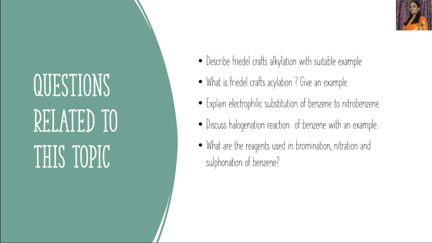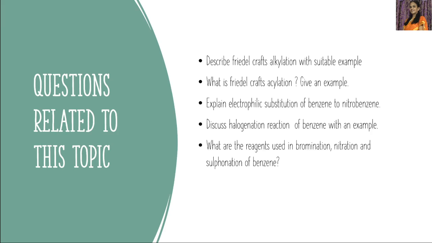Alkylation and acylation, Friedel-Crafts reactions, both are very important. Next, explain electrophilic substitution of benzene to nitrobenzene. So nitration of benzene we should write here. Next one is: discuss the halogenation reaction of benzene with an example, either chlorination or bromination of benzene we should write. Okay, so for the electrophilic substitution reaction, statement, equation followed by mechanism we should write.